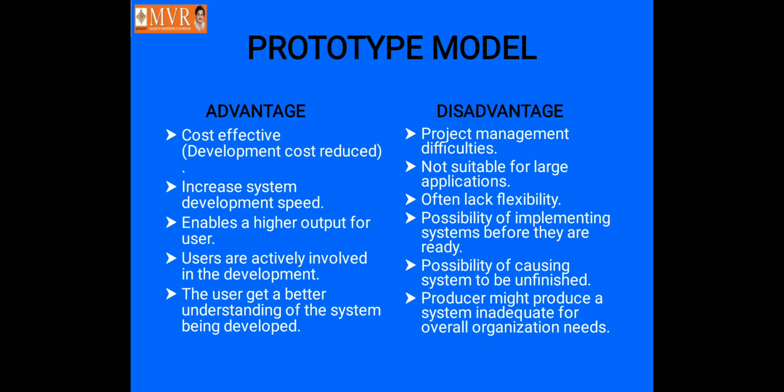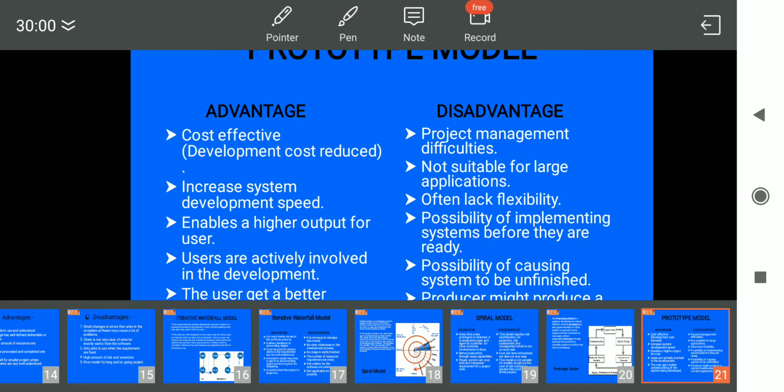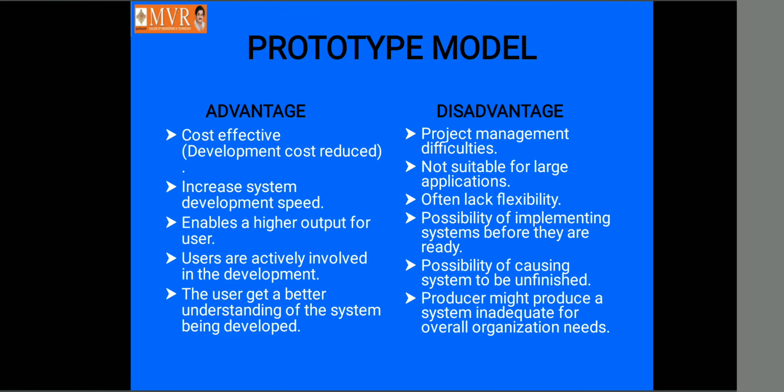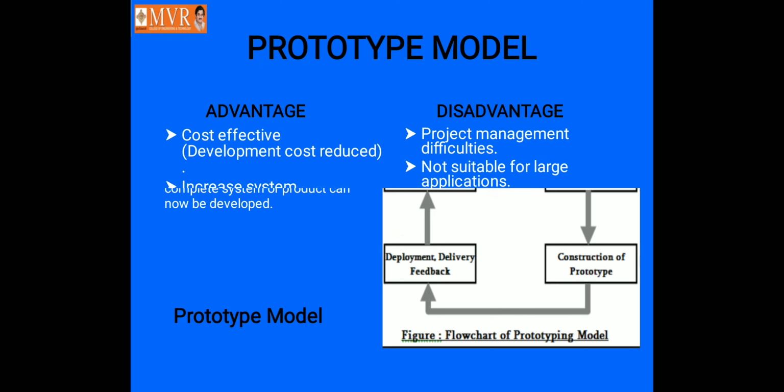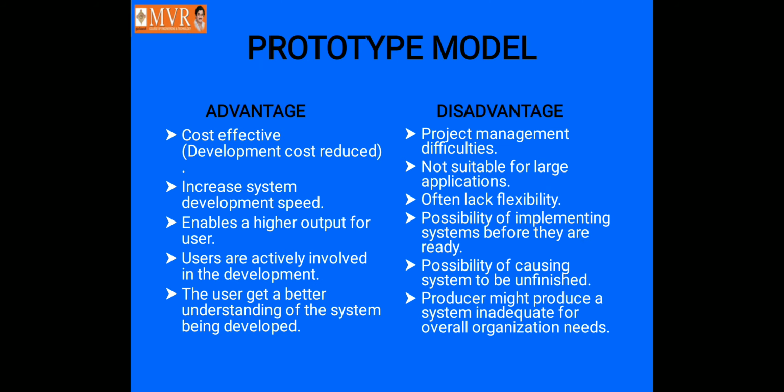And here the users are actively involved in the development because, see, communication, quick plan, development, delivery, feedback, there is a circle we form here, so that the users' communication is involved in development, and we can get better results.